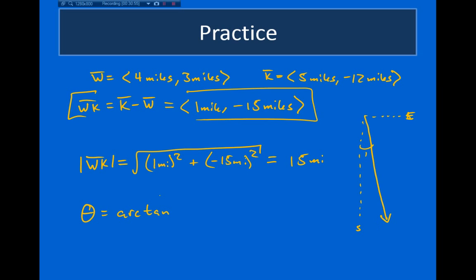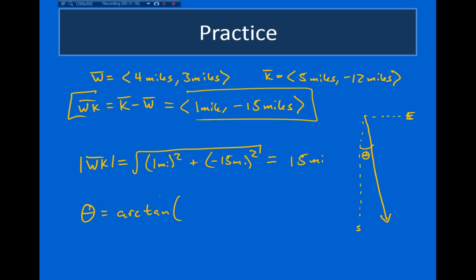I think the easiest way to do this would be to define the direction in terms of this angle here. In this case, the direction that's opposite the angle theta is the east direction, and the one that's adjacent is the south direction. So tangent is going to be east over south.